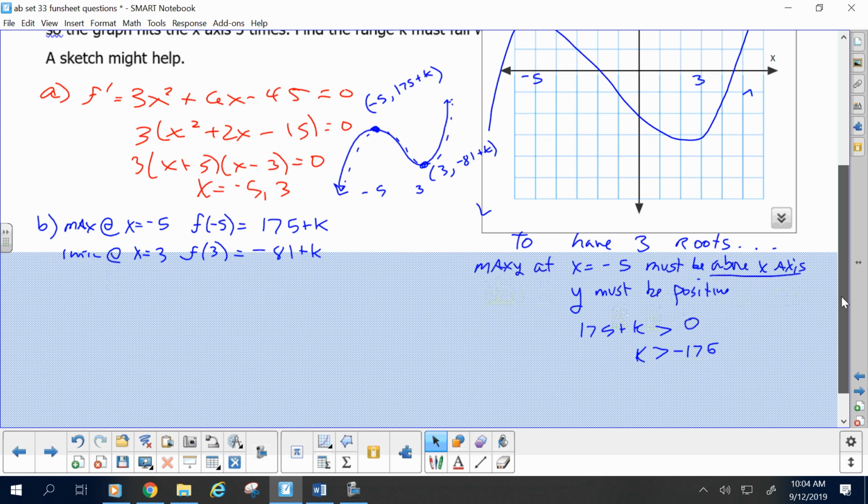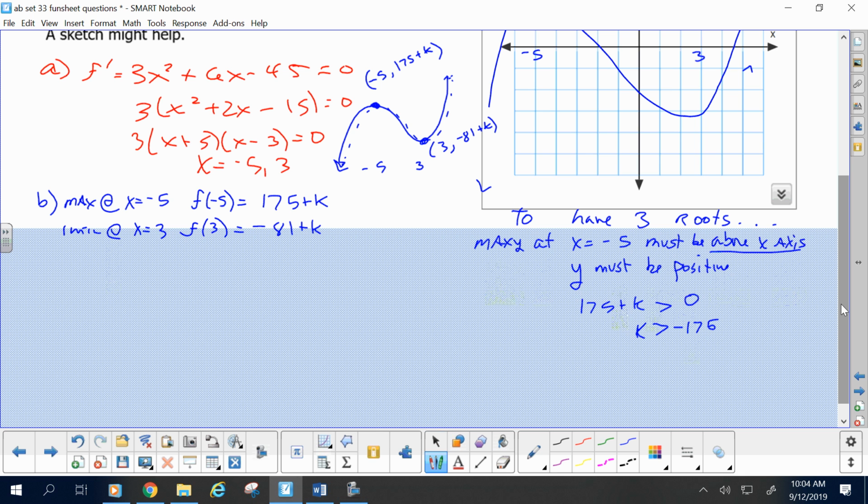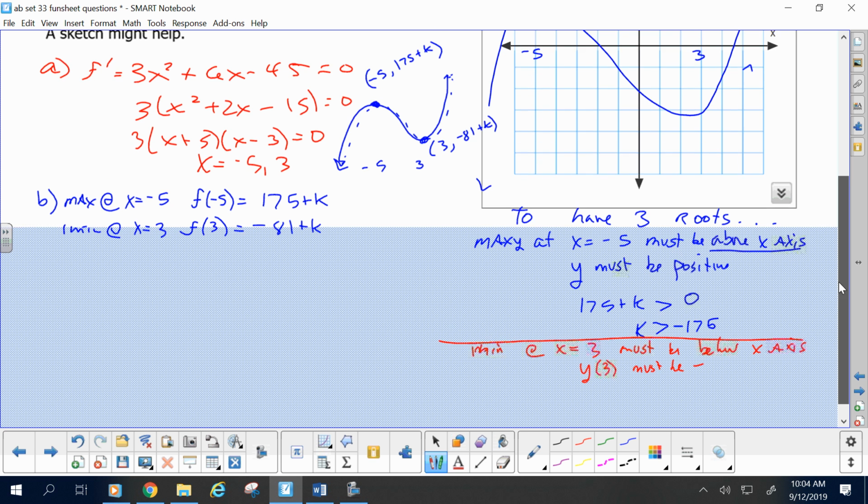All right. Now with the same thinking, tell me about the other extreme. Instead of the max y at x equal negative 5, we need to talk about the min at x equal 3 must be below the x-axis, which implies that the y at 3 must be negative, which implies what?